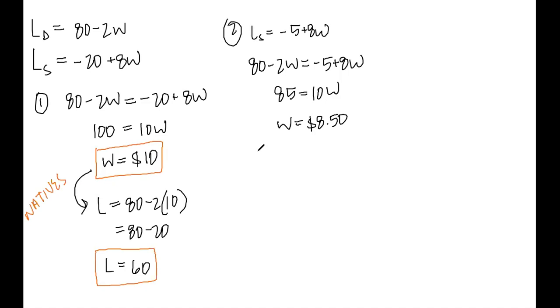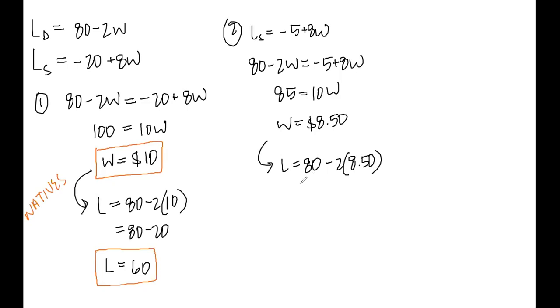And then plugging that back into either equation, I'm again going to use the labor demand equation. We have the equilibrium level of labor being 8 minus 2 times the equilibrium wage of $8.50.